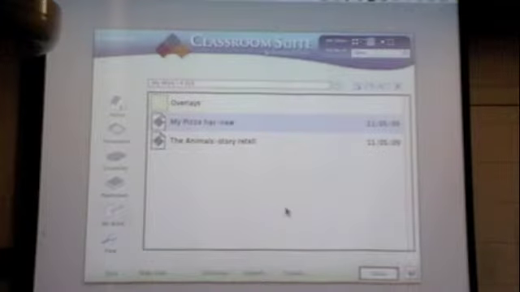Is there a reason why these look different? Yeah, they look different because, remember we were talking about the blue ones were the writing ones, and the ones with the 3 diamonds, the orange one should be a studio. But what happened is when they started making things, Classroom Suite 4, they all started having all 3 colors. So you've got old activities and new activities basically all there.